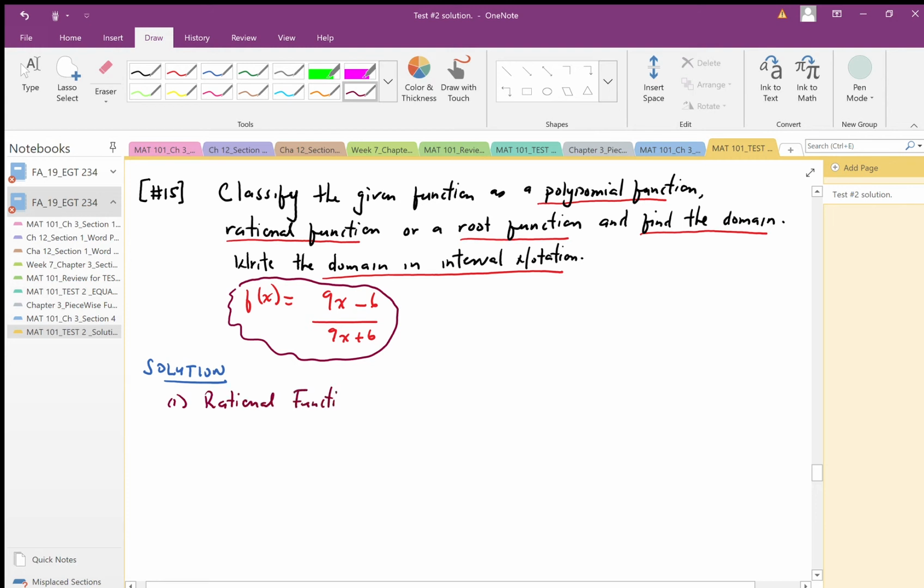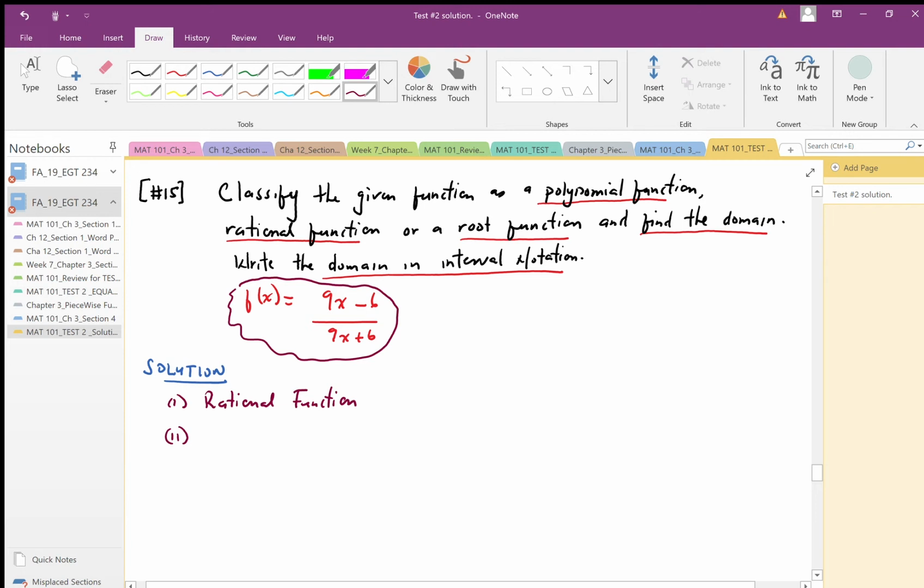So going back to chapter 1 of our course, we talked about what is a rational number, what is an integer, what is a whole number. So typically a rational number is nothing more than a quotient. Okay. So number 2, they want us to find the domain.